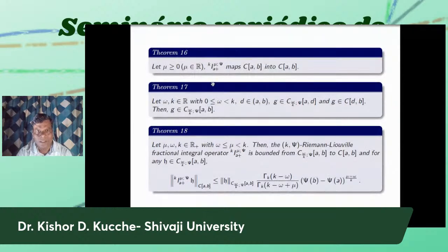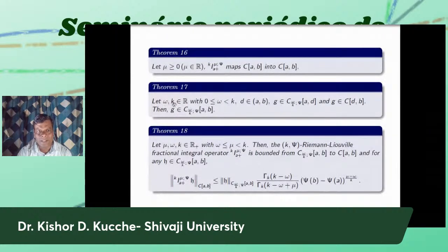Okay, these are a few properties which we have proved. We will call these the mapping properties for the K-Psi Riemann-Liouville fractional integral. If you are considering mu a positive real number, then this K-Psi Riemann-Liouville integral maps the continuous space defined on the closed interval AB to the continuous space on the closed interval AB.